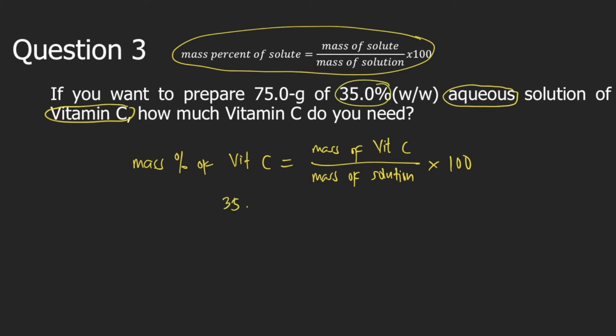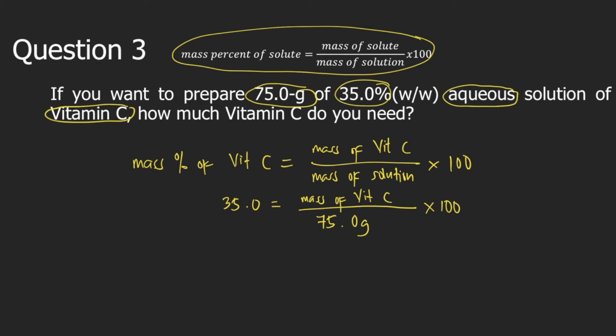So 35.0 is equal to, the mass of solution is also given, 75.0 grams of aqueous solution. So 75.0 grams. We do not know yet the mass of vitamin C because it is the one being asked in the problem. So just put mass of vitamin C times 100.